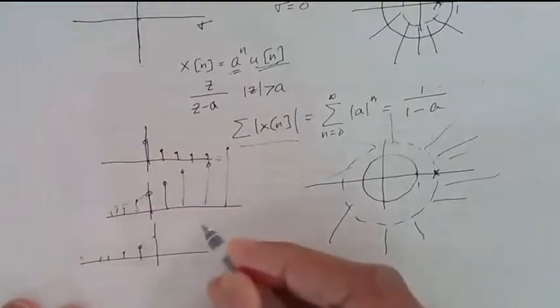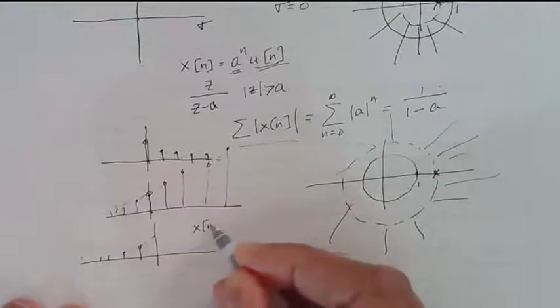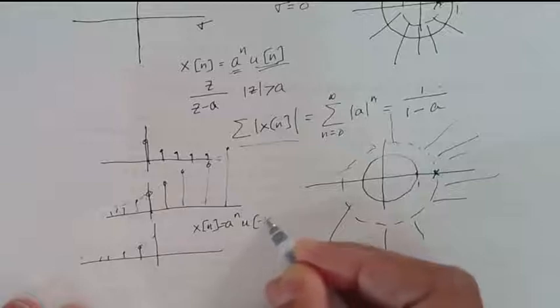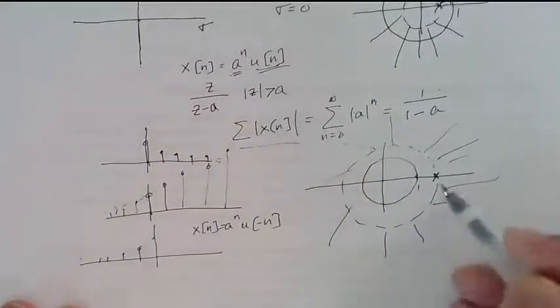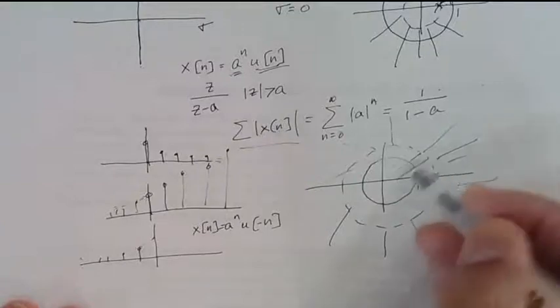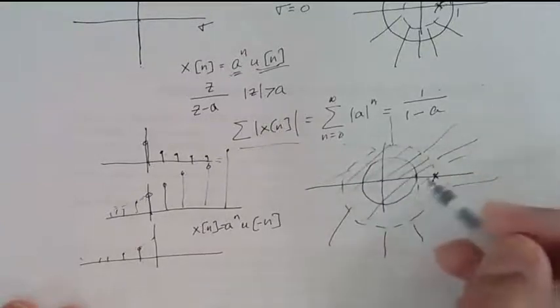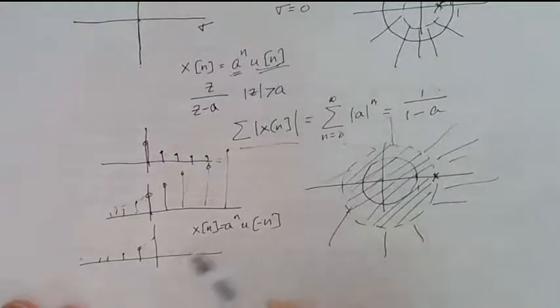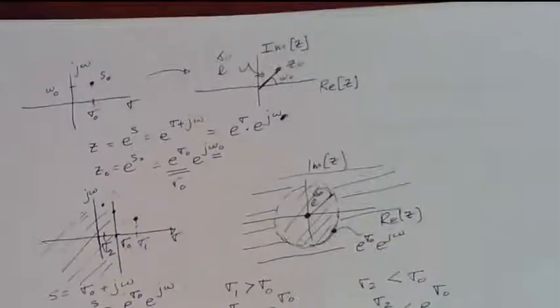So if I took x of n to be a to the n, u of minus n, then in this case I have a left-sided sequence, and the region of convergence would be inside of the circle, and that would include the unit circle. Therefore you can see that this thing is decaying, it doesn't blow up, you have a stable system. Okay, so the unit circle is the same as the j omega axis in the Laplace domain.